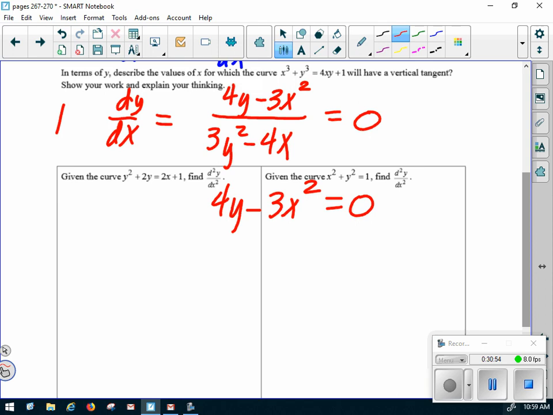Let's solve that for y. What's that going to look like? It won't be a system, but kind of, yes.